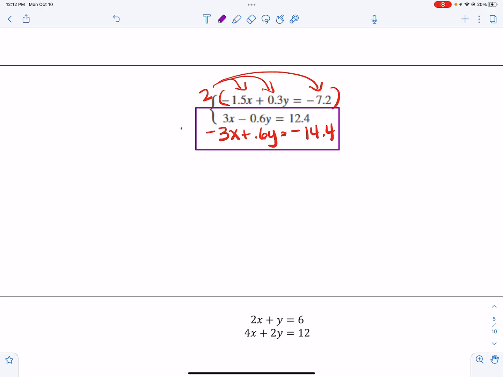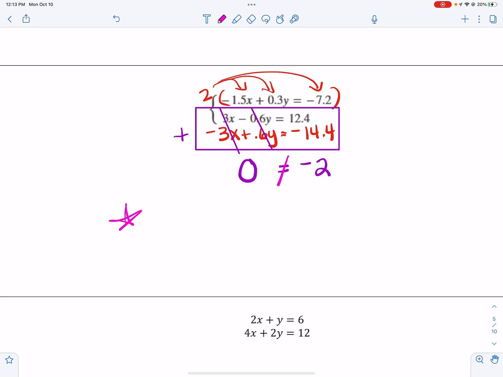And then what happens is, notice this, the x's cancel, the y's cancel, and so to make sure I know I have 0 on the left-hand side of the equation, I want to write that. And 12.4 minus 14.4 is going to be negative 2. And there is never a time where 0 is going to equal negative 2.